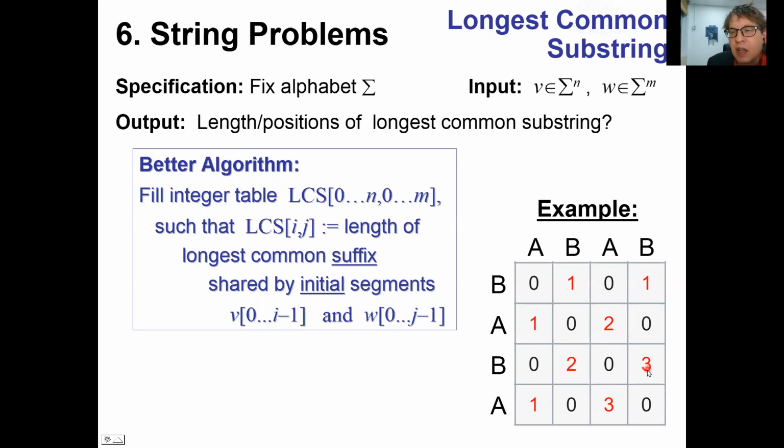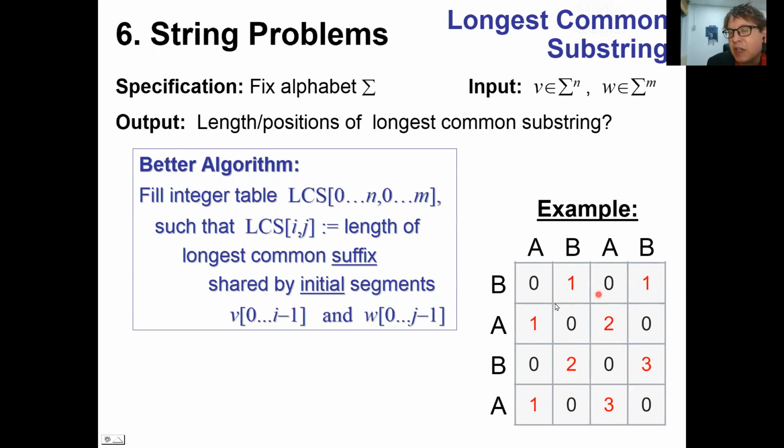And so from this table, one can immediately read off the answer to the longest common substring problem, not the longest common suffix, because a substring is the same as a suffix of some initial segment, and that's why the table considers all possible initial segments.